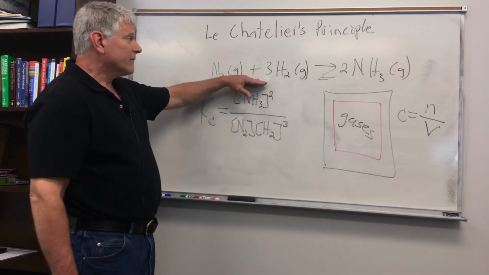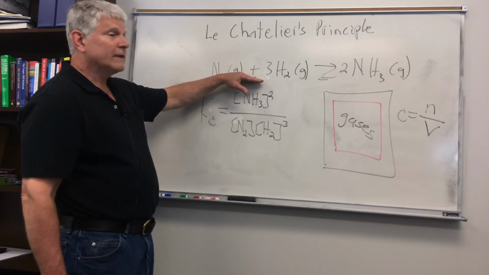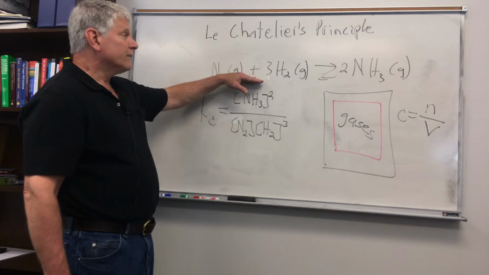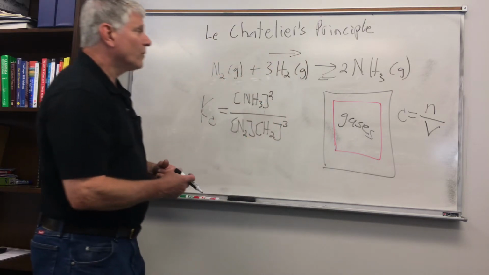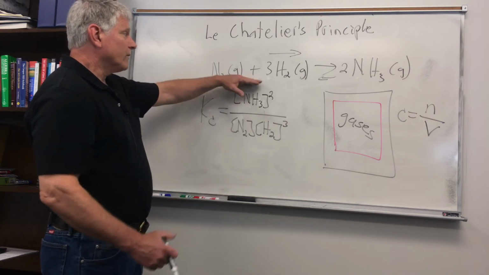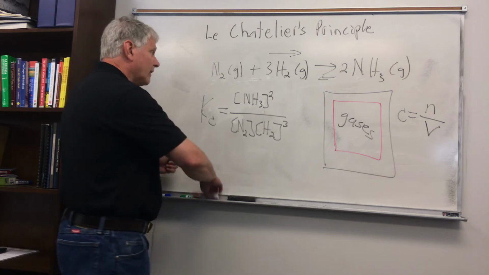So if we increase the pressure, from Le Chatelier's principle, this pressure will need to be relieved, and so the reaction can relieve pressure by going to the right. So we're going from 4 particles to 2 particles. So that's the way it can relieve pressure.